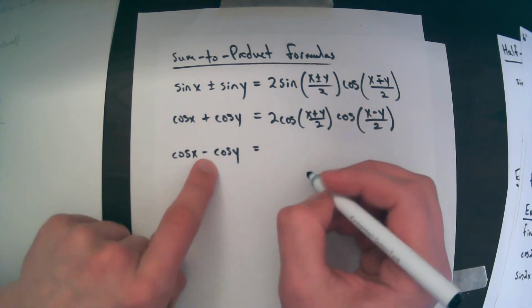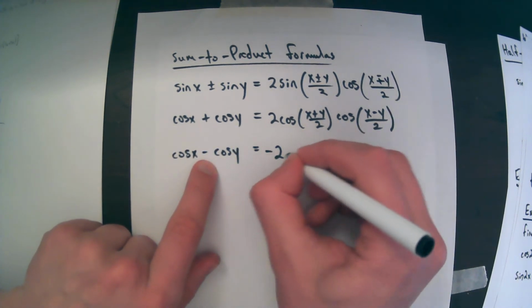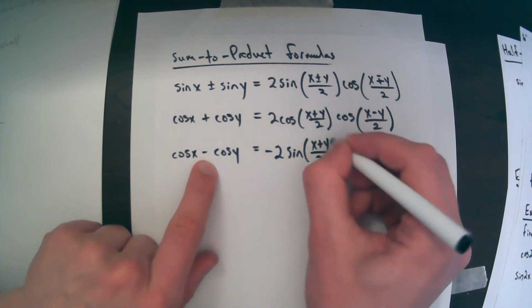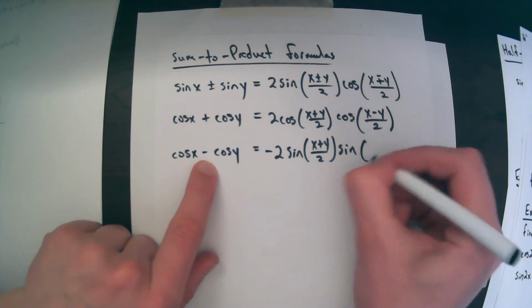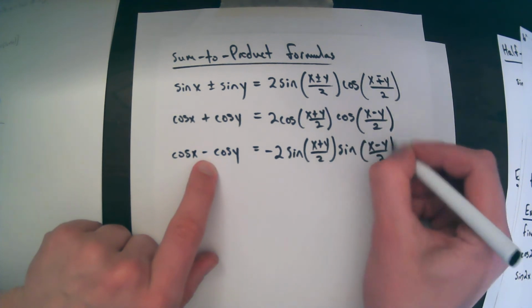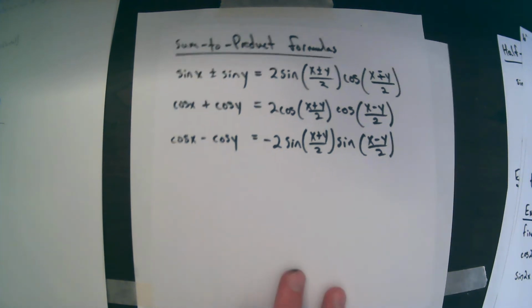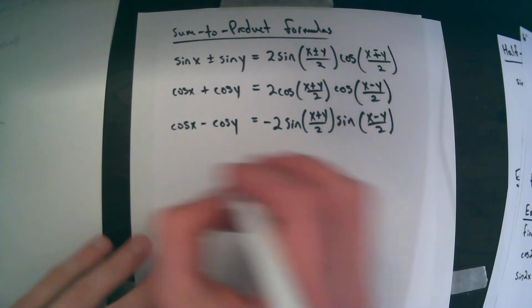For the difference, we've got negative 2 sine of (x plus y) over 2 times sine of (x minus y) over 2. Okay, and then just an example using these.